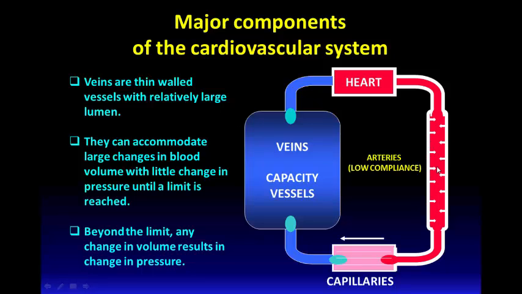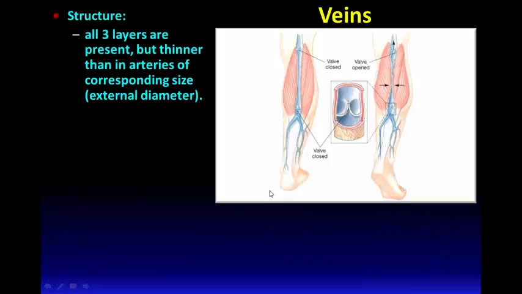The pressure is much higher in the arteries than in the veins. The arteries have lower compliance as compared with veins of corresponding size. Hence, arteries are considered as pressure reservoirs, while veins are considered as volume reservoirs.